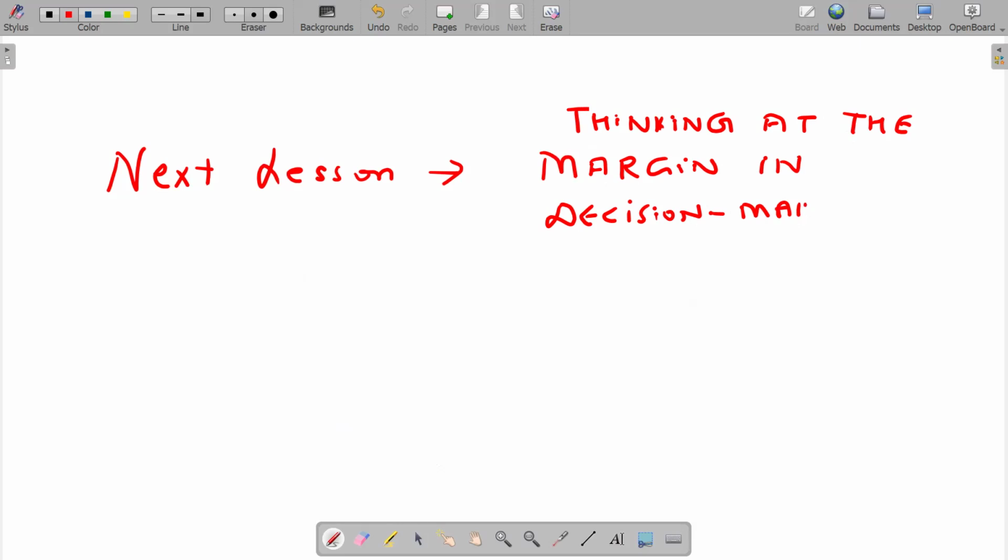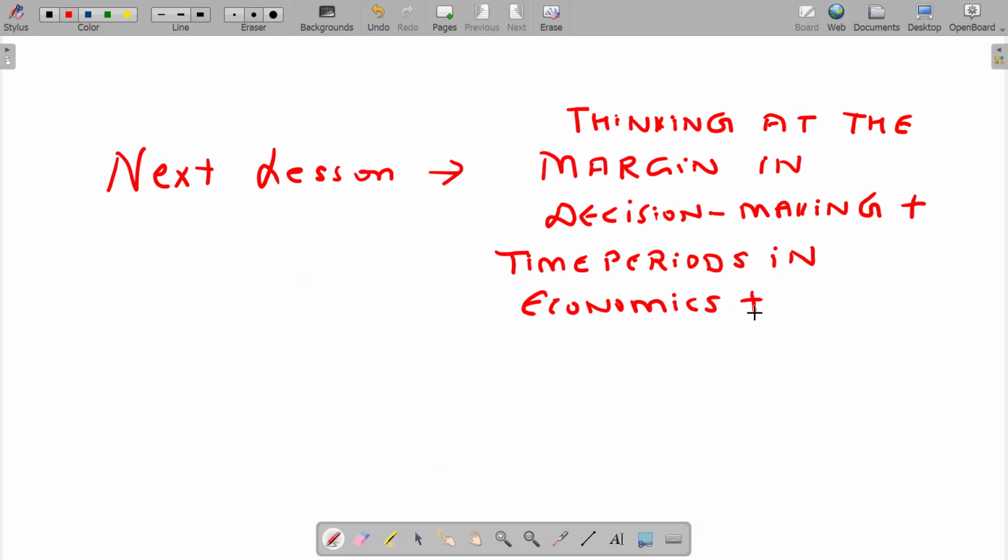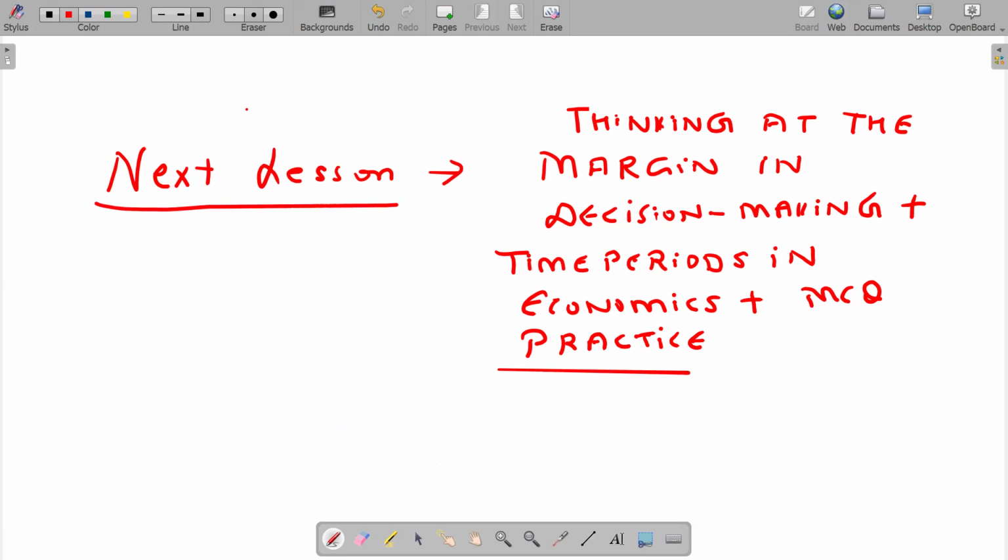We are also going to talk about time periods in economics, and what are the differences between these time periods? And we are also going to do some MCQ practice based on the concepts we have covered so far. Okay, so all this is going to be the agenda for the next lesson.